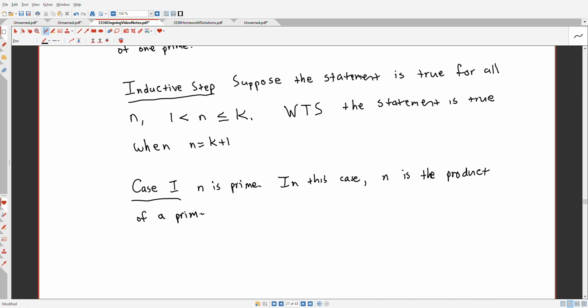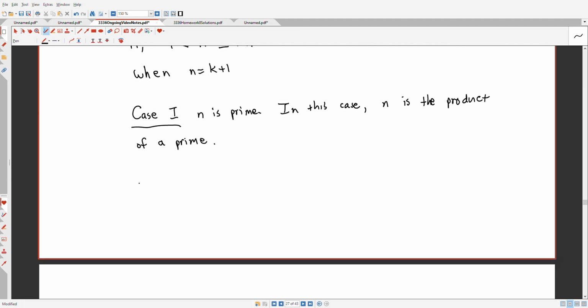So you're done, just like in our base case. So it's really case 2 that's where all the work is. Oh, I said n, sorry. I meant k plus 1. So case 2 says k plus 1 is not prime.